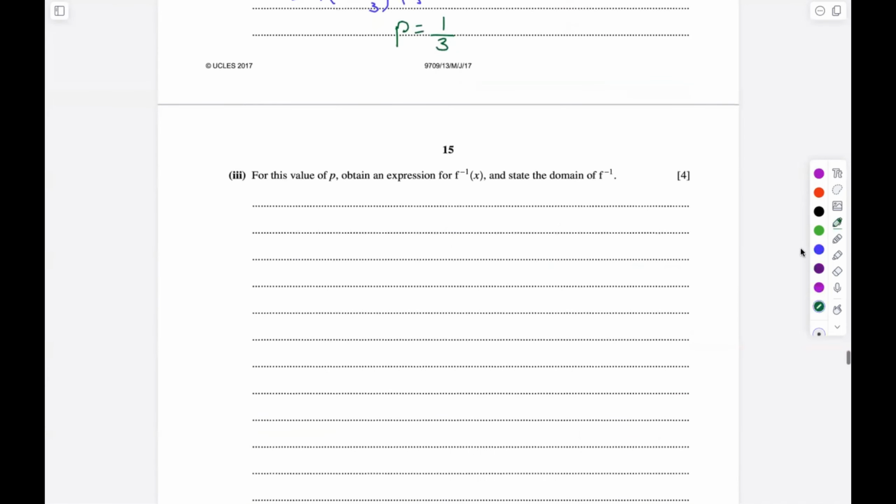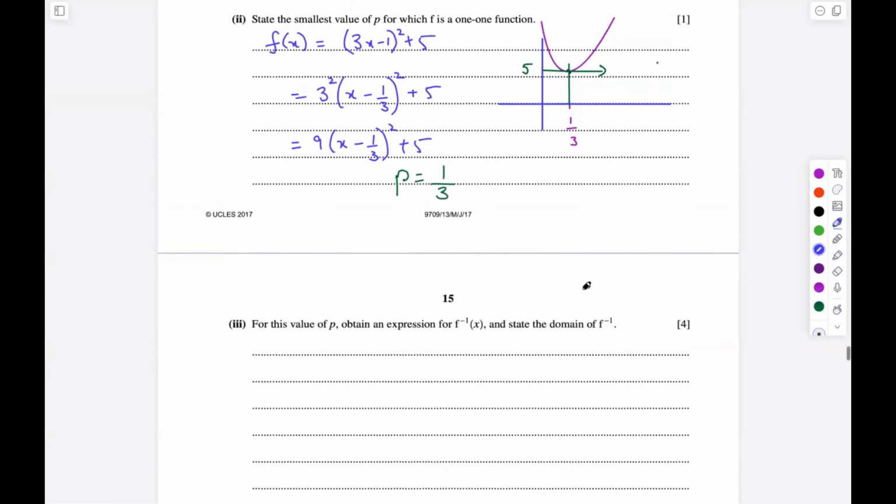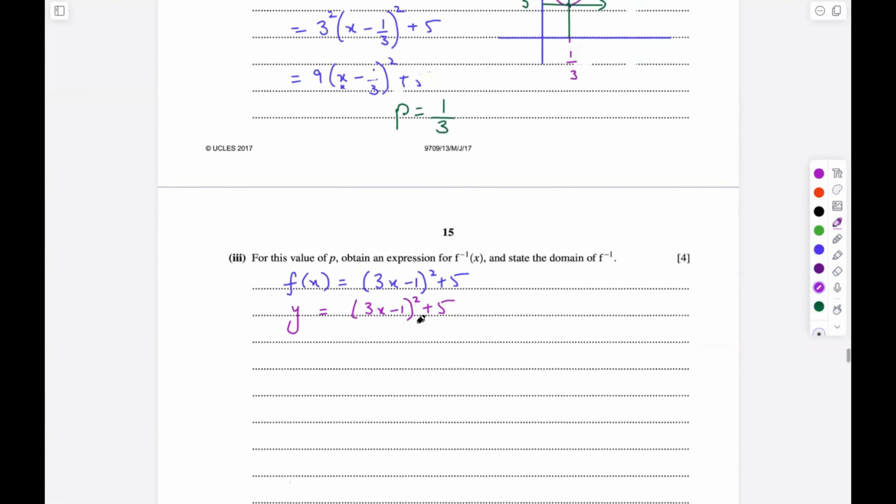In part 3, it says for this value of p, obtain an expression for f inverse and state the domain of f inverse. Now, f(x) was (3x − 1)² + 5. To find f inverse, we'll first write y = (3x − 1)² + 5.